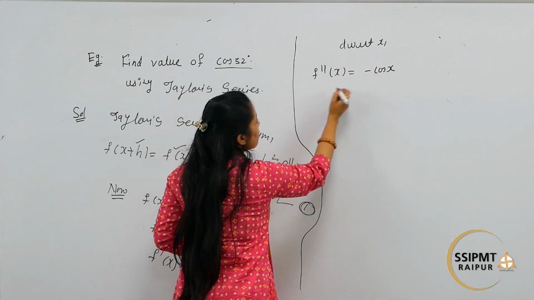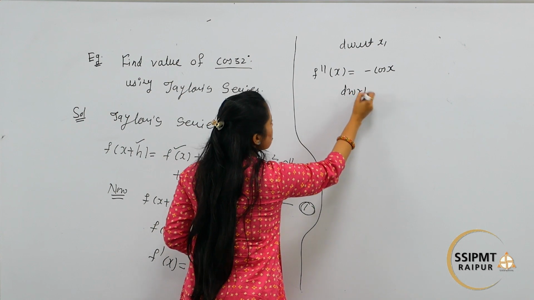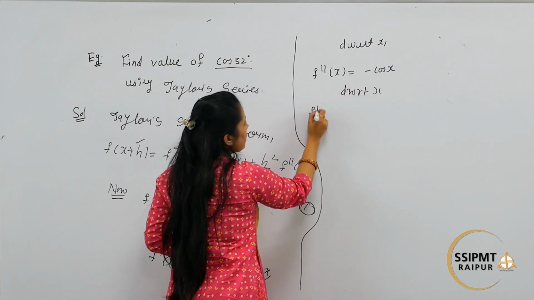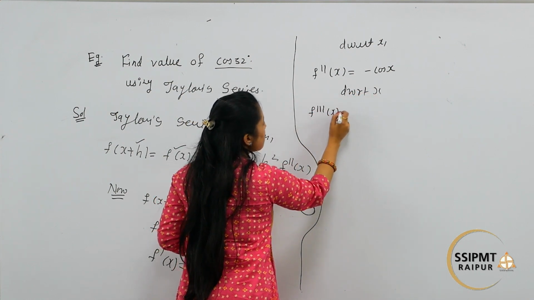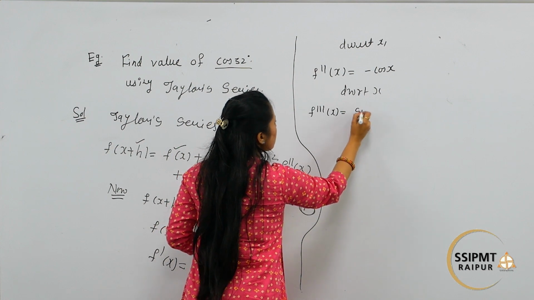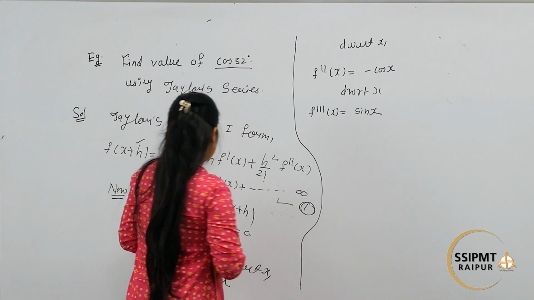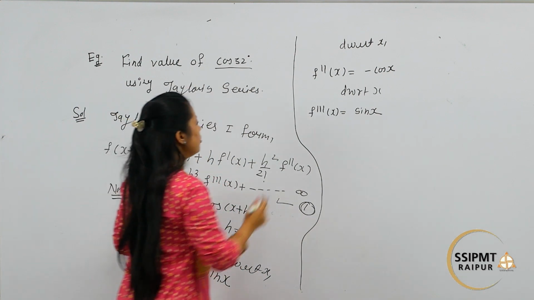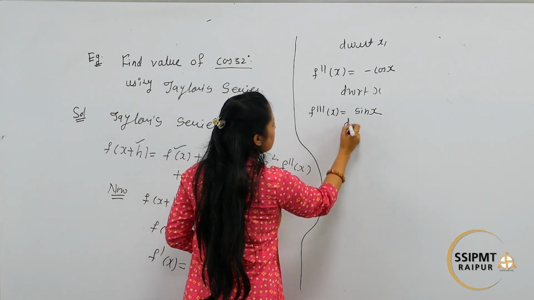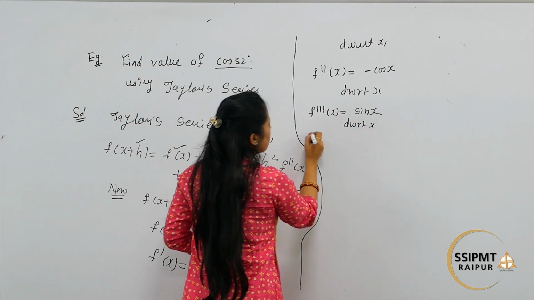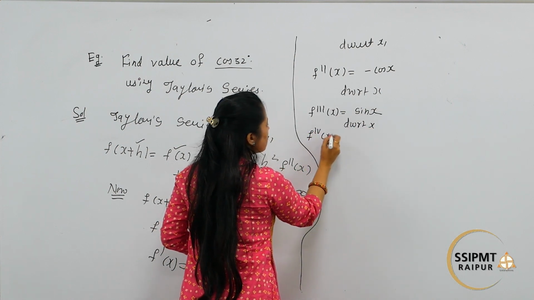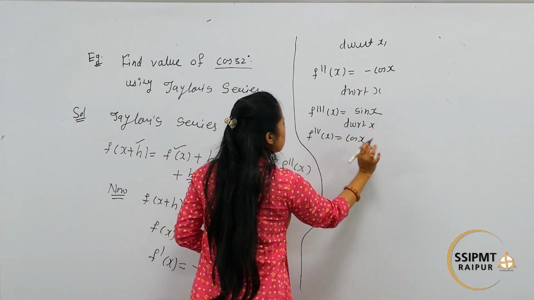Differentiate the line once again with respect to x. We get f triple dash x as sin x. So the cycle has been completed almost. If we differentiate one more time, it gives us f fourth x as cos x.